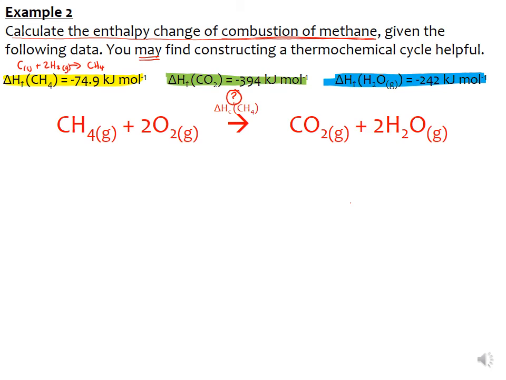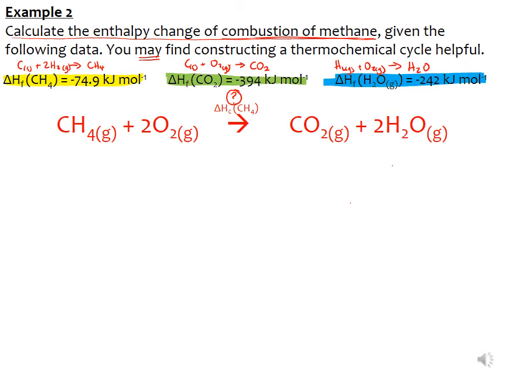We've also got delta HF CO2, so that will be the enthalpy change when 1 mole of CO2 is formed from its elements in their standard states, at standard conditions. And also we've got H2O, 1 mole of H2O formed from its elements, in this case H2 gaseous and O2 gaseous. So those are our chemical reactions that we've got. Now when you're answering these questions, you don't have to write those out first, as I have, but this is just to show you where this is all coming from.